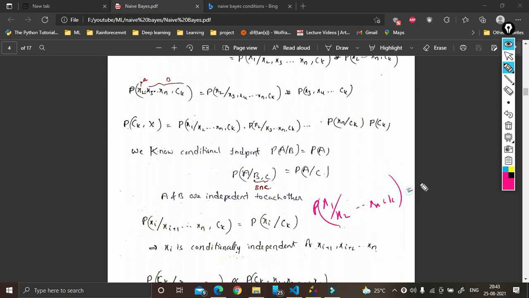We will rewrite this as probability of x1 given ck, because x1 is independent of x2 x3 xn. That's why we directly get probability of x1 given ck.